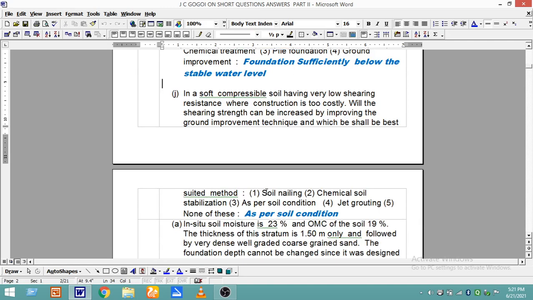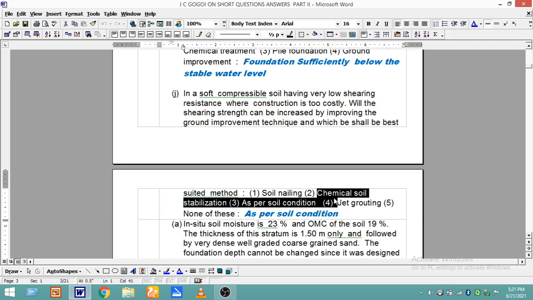Given answers: soil nailing, chemical treatment, chemical soil stabilization as per soil condition, jet grouting, or none of these.